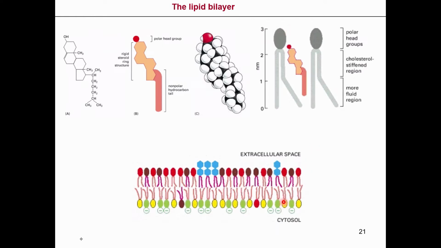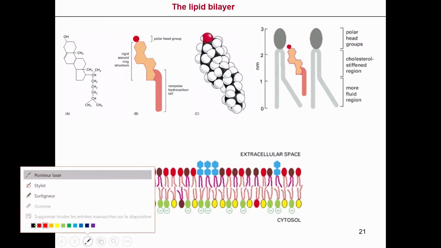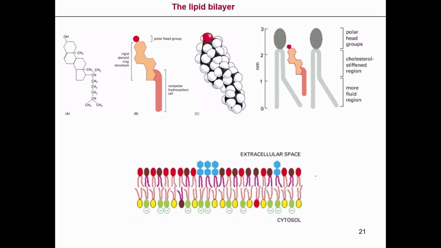But just to say that the bilayers are asymmetric. It means that the composition of, for example, the top monolayer is different from the bottom monolayer.